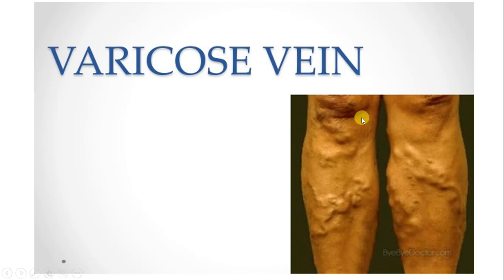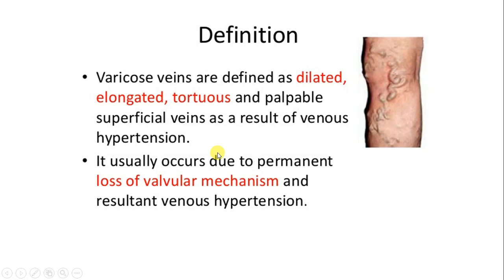So this disease can result in varicose veins. What are varicose veins? Dilated, elongated, tortuous, palpable, superficial veins, as a result of venous hypertension, which means the pressure in the venous system is increased. Why is it increased? The pressure is coming into the superficial veins from the deep veins.